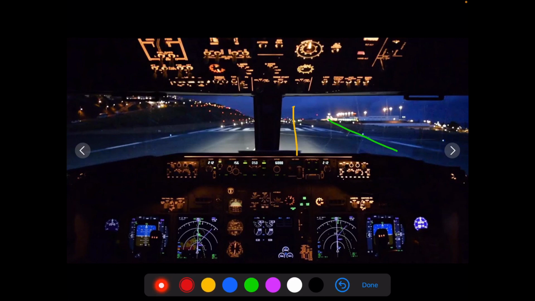Now, in order to prove that they are perpendicular, let's say this is slope 1 and this is slope 2. Upon multiplying slope m1 into m2, we must get the answer as -1. If this condition is satisfied by these two lines, we can say that these two are perpendicular.